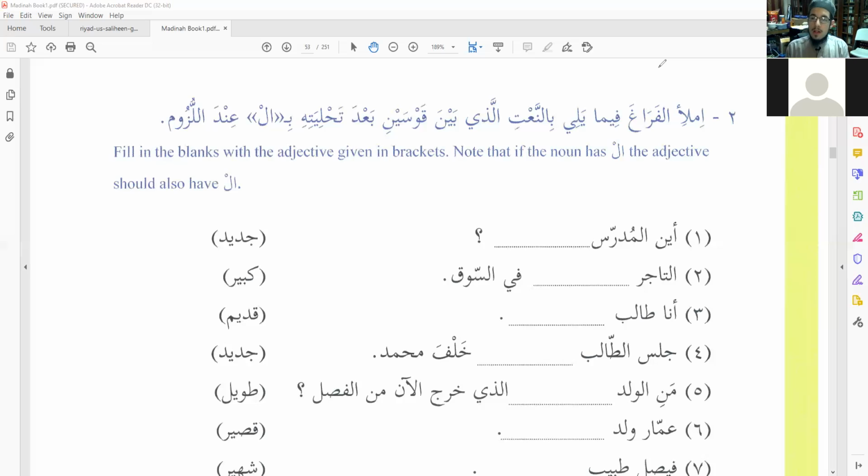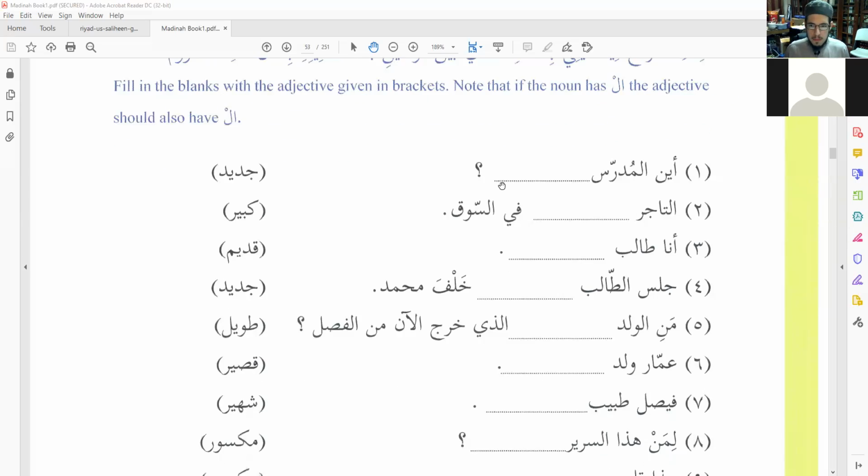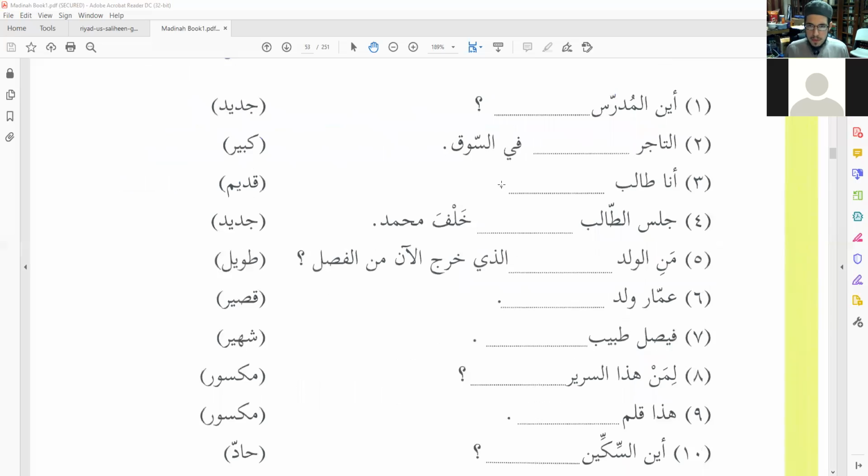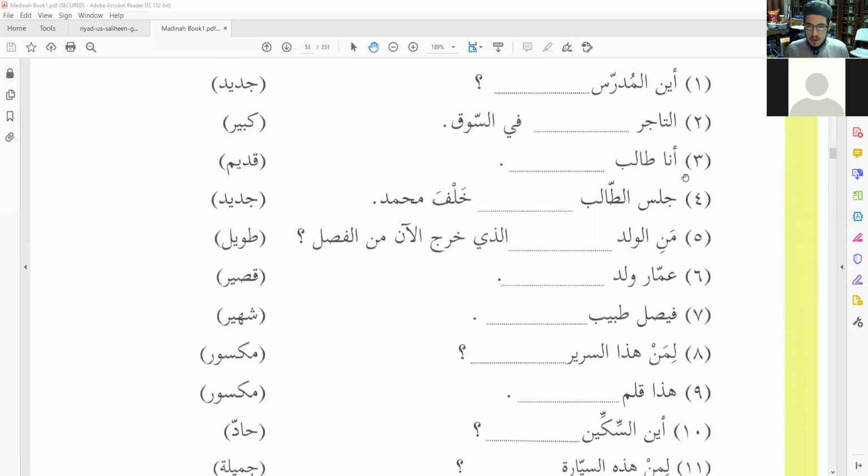It's having you practice matching the sifah to the mawsoof in terms of its definiteness. It will become very clear once we get going. So let's start with Sister Semen.